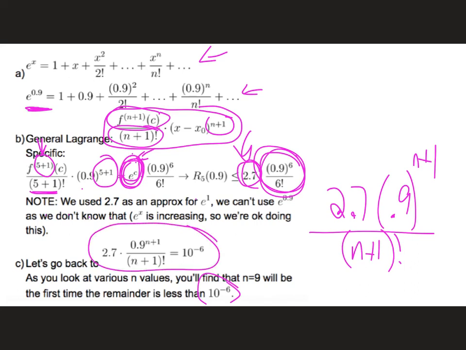So if you look at this equation, again, this is that 0.9 to the n plus 1 over n plus 1 factorial, so that comes from that next term. This is the approximation for the derivative, the max value of the derivative somewhere in that interval. And then we solve this equation. If you plug in n values, you can figure out that once you get to 9, you'll have less than 10 to the negative 6th.